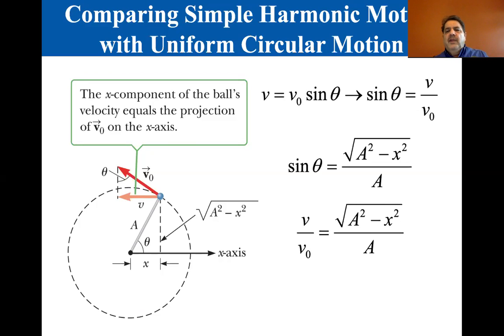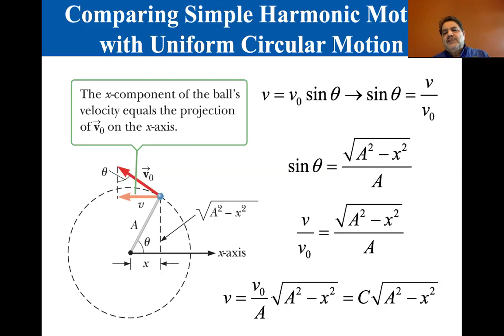So now if sine theta is equal to v divided by v0, and sine theta is also equal to the square root of a squared minus x squared divided by a, then we can equate those two. V over v0 is equal to the square root of a squared minus x squared over a. And if we solve for v, we see that it's v0 over a times the square root of a squared minus x squared.